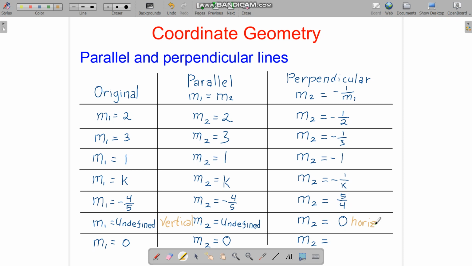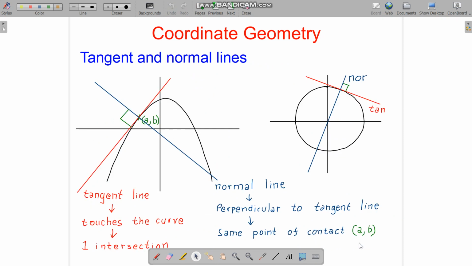So if it's horizontal, the gradient is 0. If it's vertical, the gradient is undefined. And if the gradient is 0, the perpendicular gradient must be undefined, because this is about vertical and horizontal lines.